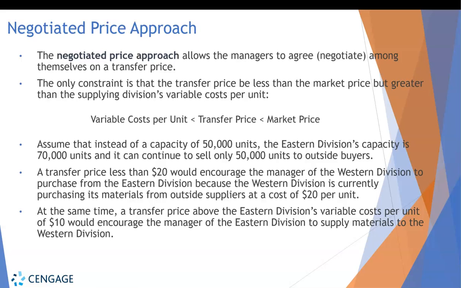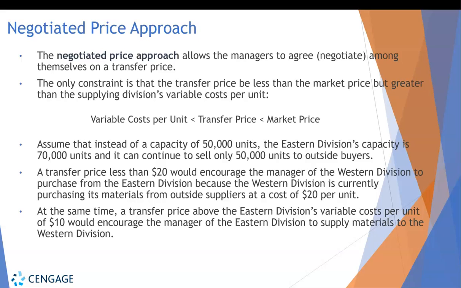Assume that instead of a capacity of 50,000 units, the Eastern Division's capacity is 70,000 units, and it can continue to sell only 50,000 units to outside buyers. So, in this case, a transfer price less than $20 would encourage the manager of the Western Division to purchase from the Eastern Division, because the Western Division is currently purchasing its materials from outside suppliers at $20 per unit.